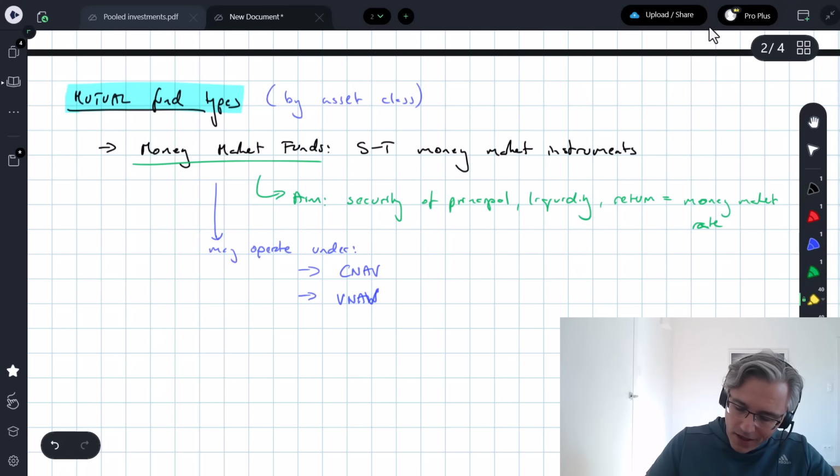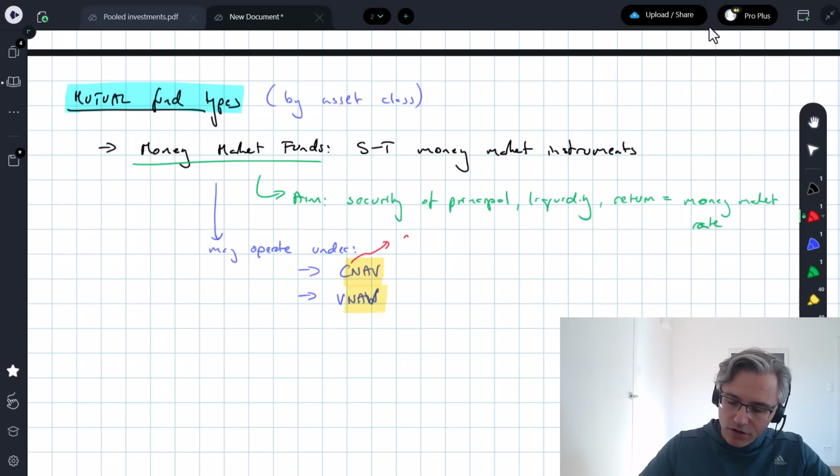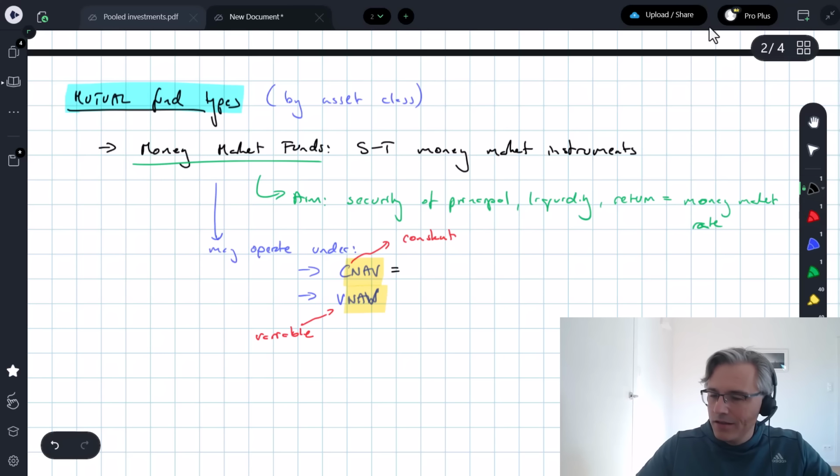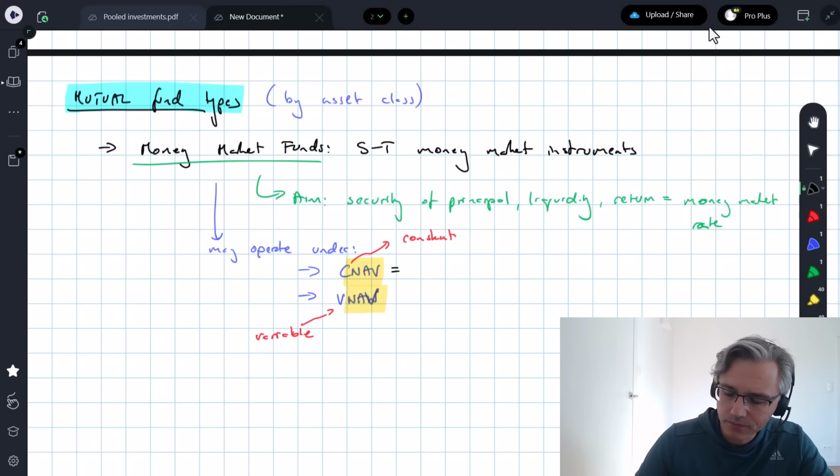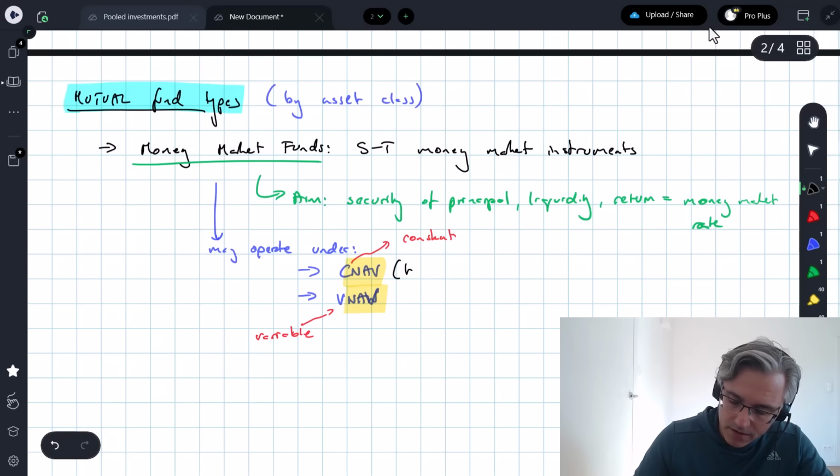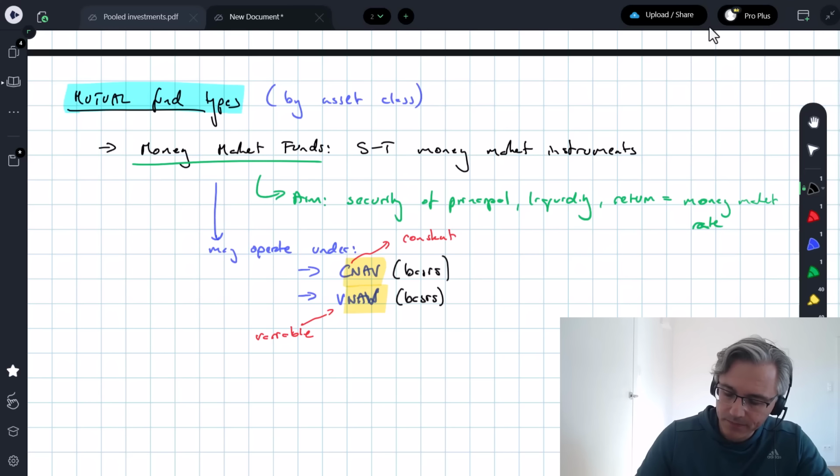NAV here stands for net asset value. The C is constant, whereas V would be variable. And what does that mean? Under a CNAV basis or a VNAV basis.